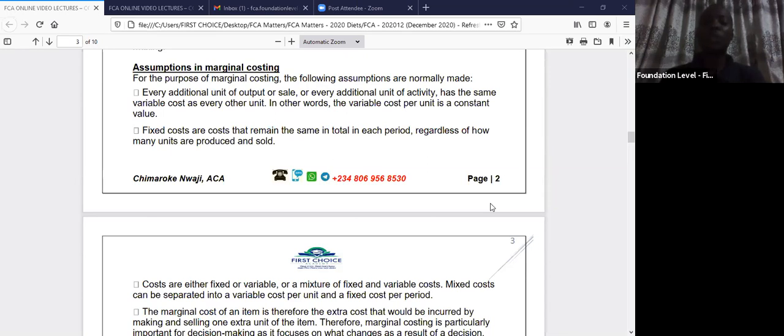We use methods such as high-low or regression analysis to do just that. I think in a future lecture, we are going to see the high-low method of handling mixed costs. That will be under cost behavior.